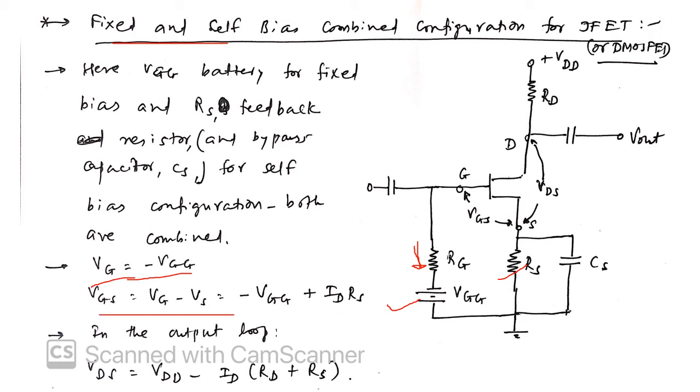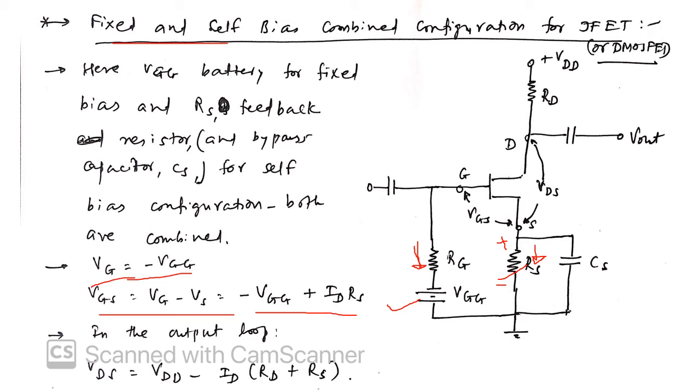VGS is equal to VG minus VS, that is minus VGG plus IDRS. This is minus VGG and plus IDRS, because the ID direction is this. It is an N channel JFET, so ID is outgoing.